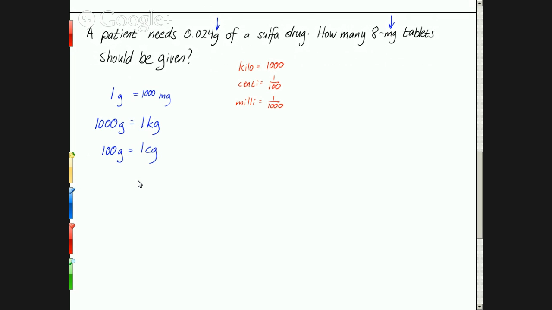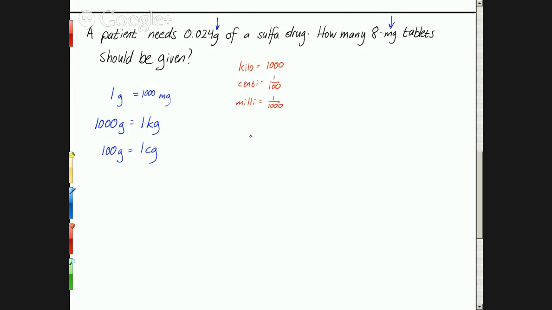How do we use these identities to do the conversion that we want to do? Yeah, we divide or multiply depending on which way we want to go. And it looks like this. We take an identity like this, and we put one over the other one in a fraction.